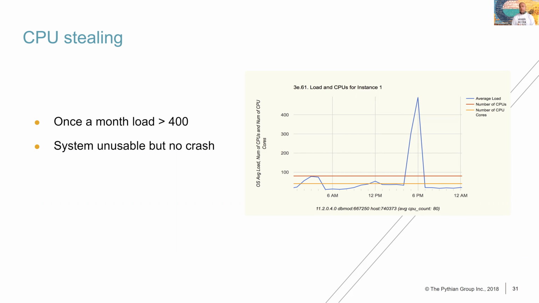The system was very unresponsive, but it didn't crash. So it was a big machine. It had 1 terabyte of RAM, 250 gigs of SGA, 100 gigs for PGA. Not a big deal. I mean, we have 1 terabyte, lots of available memory. It shouldn't be related to memory, right?